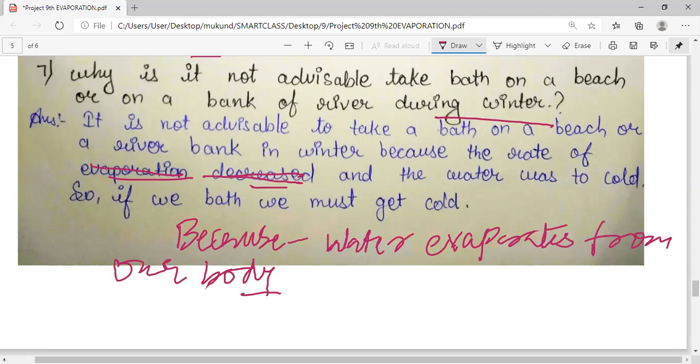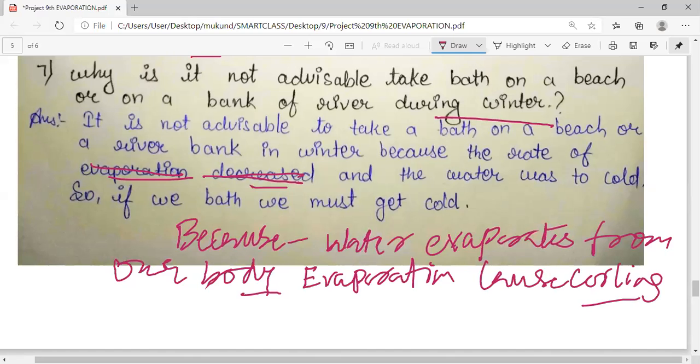So when the water evaporates from our body, what happens? Evaporation causes cooling. So even though it is winter, we feel cool.